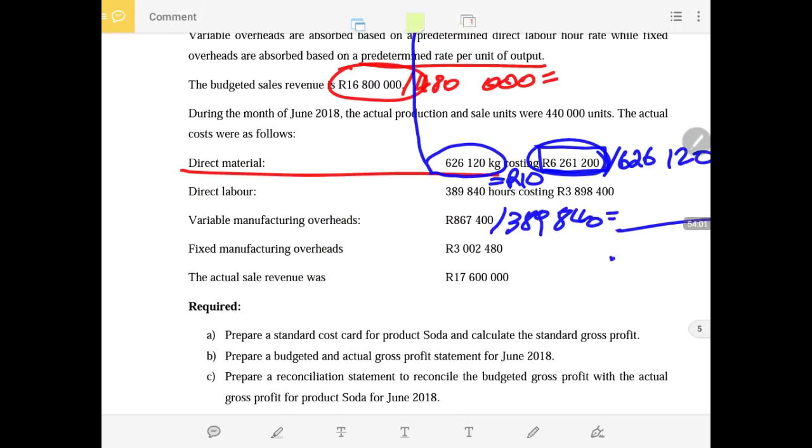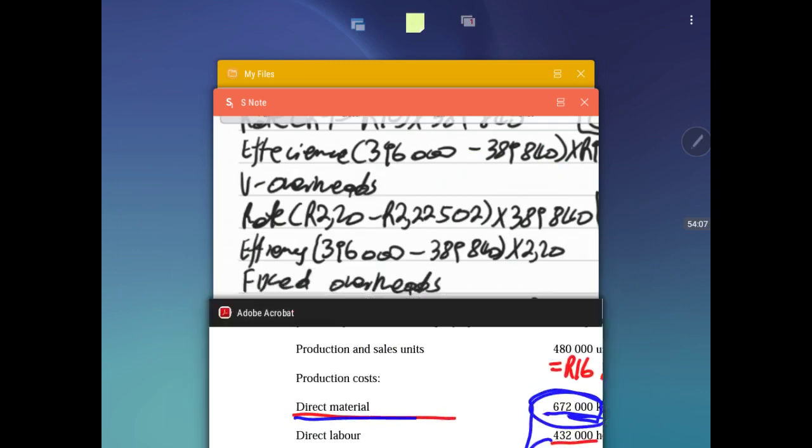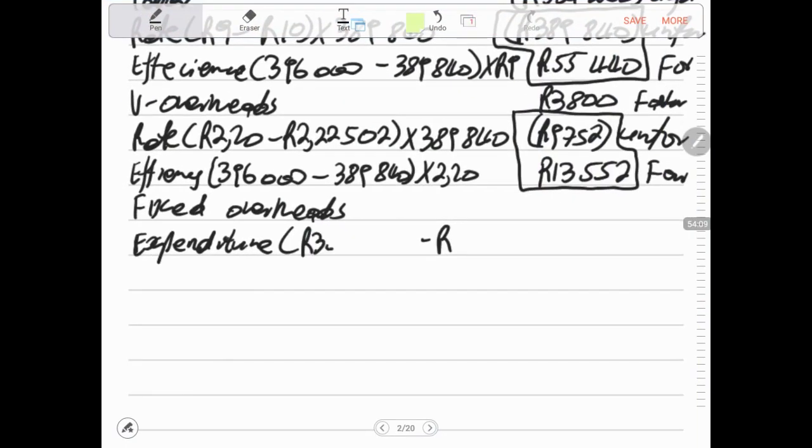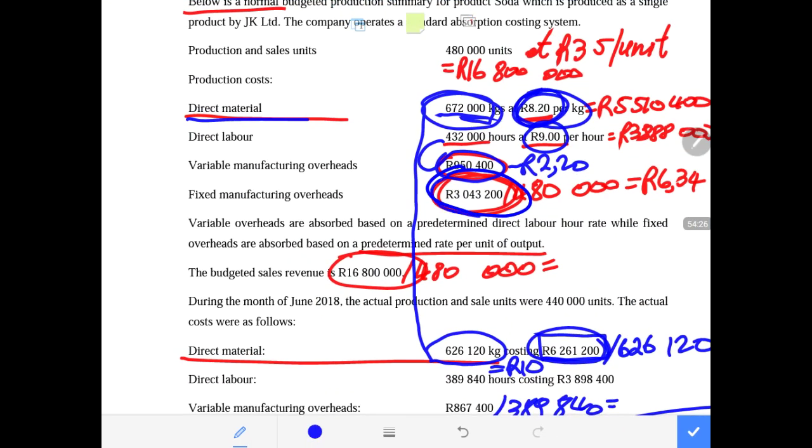Budgeted fixed overheads in total were 3,043,200. And we go and we look for the actual.